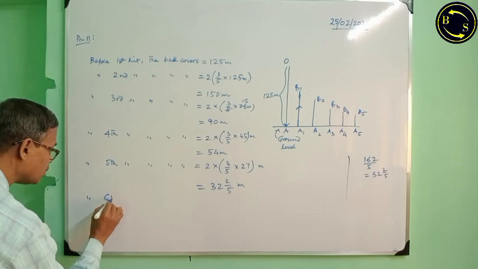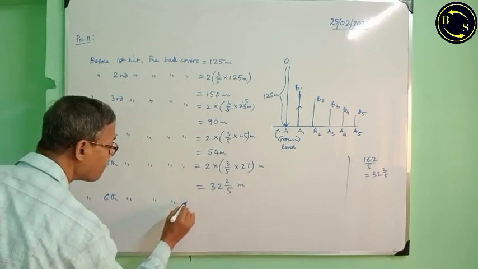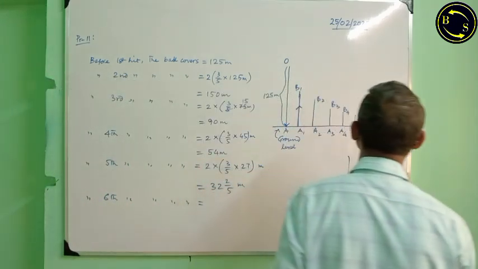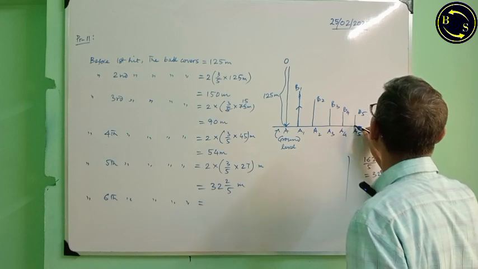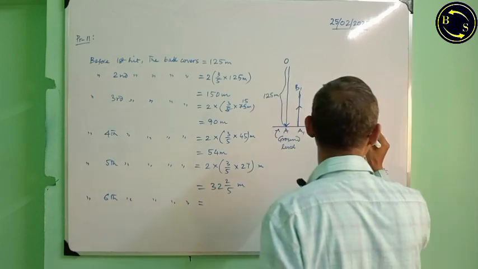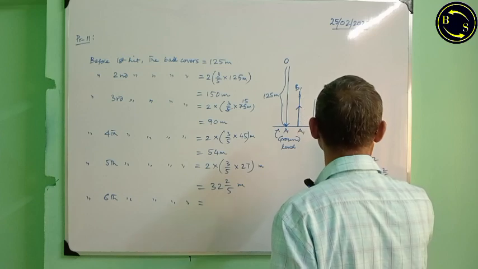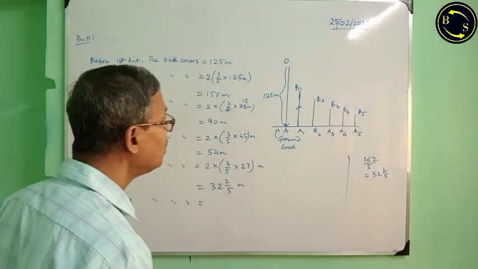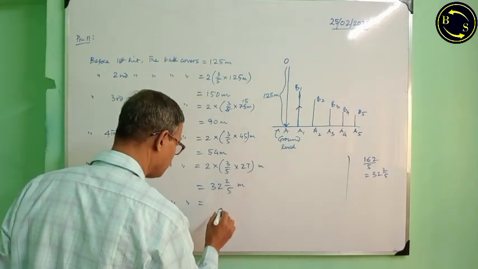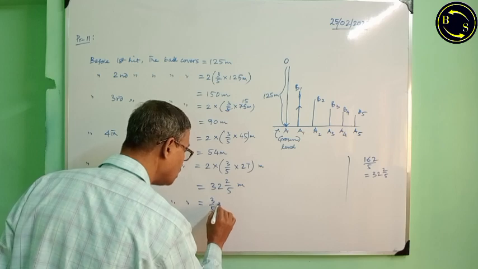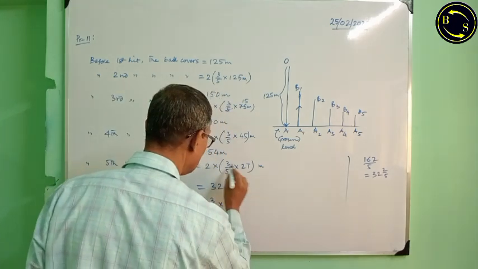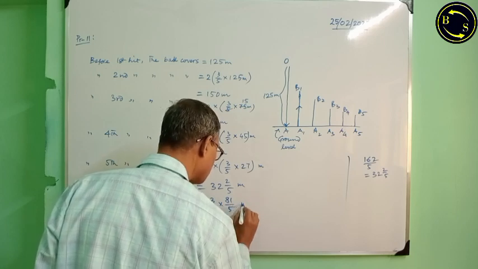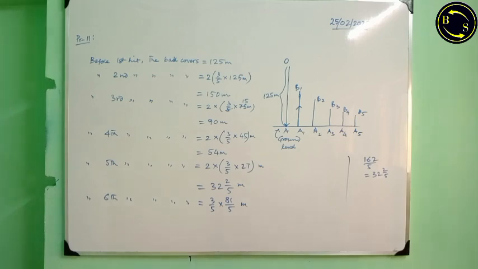Before the 6th hit, that means here, after the 5th one it will bounce back, therefore it will cover just one time 3 by 5 of 81 by 5 meter. Try to understand.